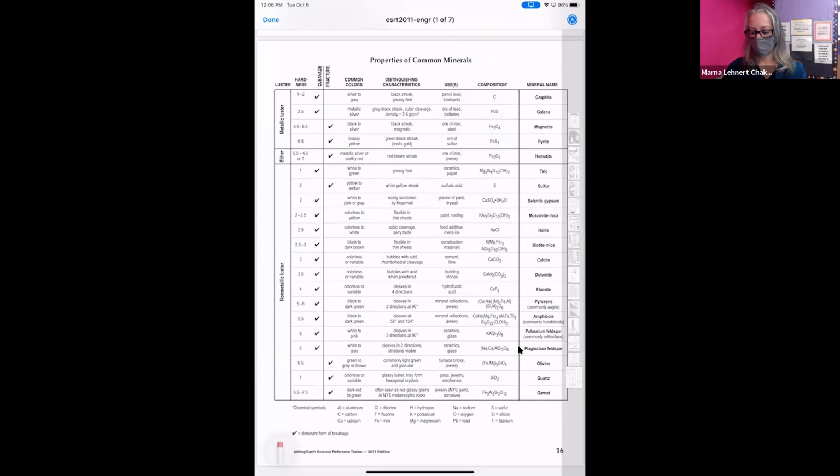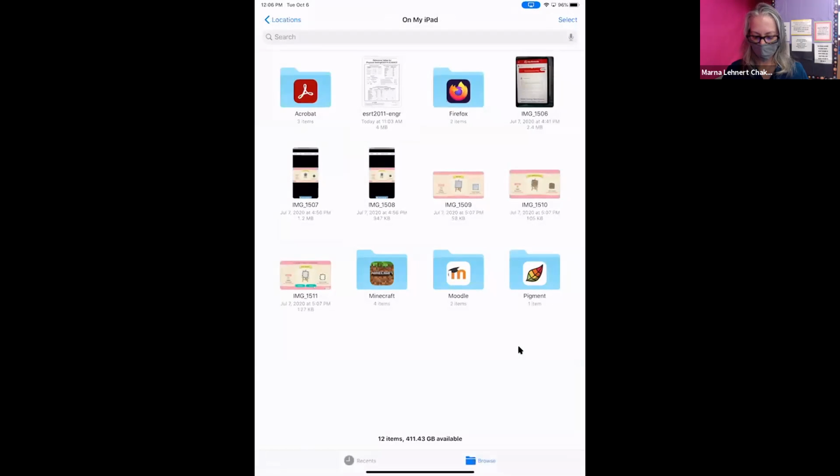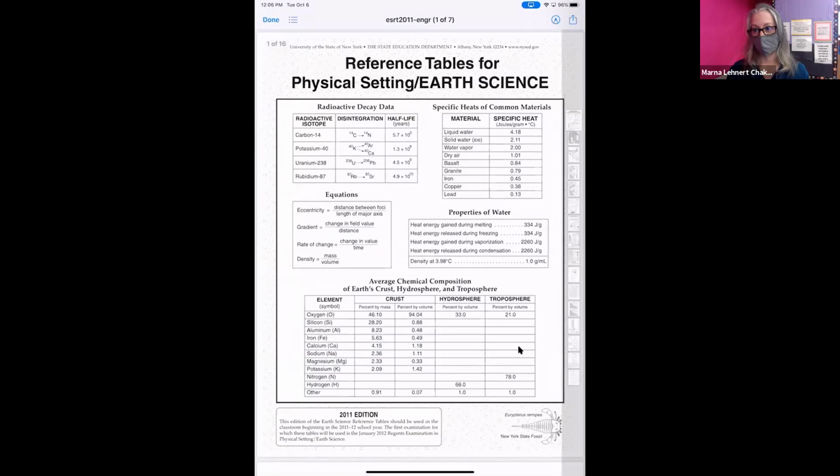Okay, so now what you should be seeing is a page in the Earth Science reference tables. And I'm going to scroll so you can see this whole thing.